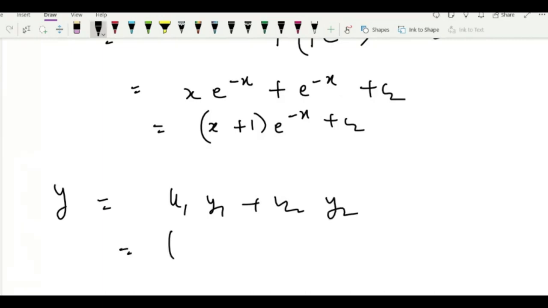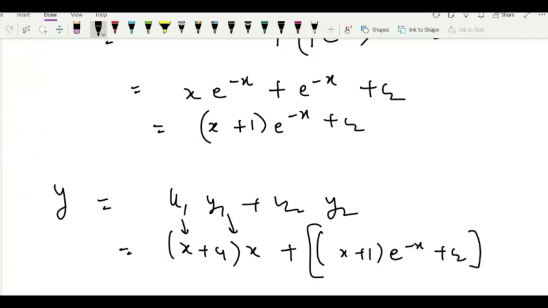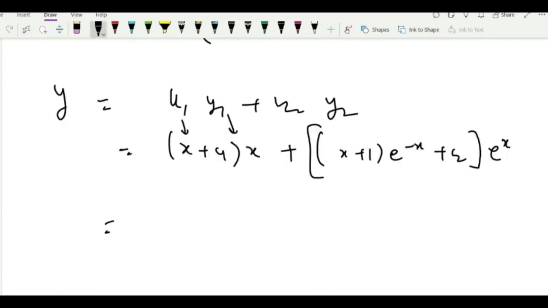We get x plus c1 as u1, x as y1, plus u2 as x plus 1 e raised to power minus x plus c2, into y2 as e raised to power x. So this is our complete solution: x square plus c1x plus x plus 1 plus c2 e raised to power x.